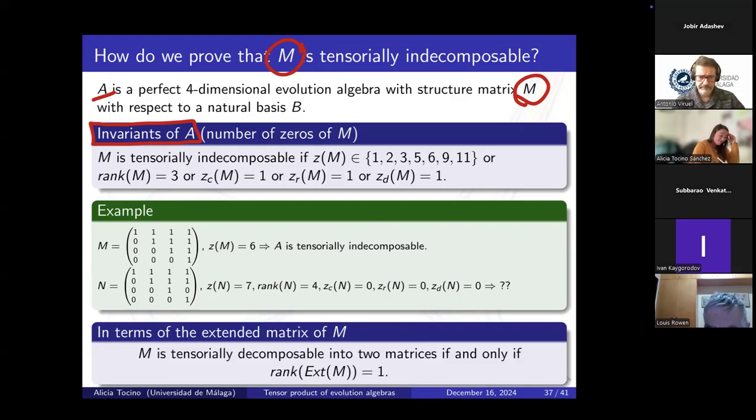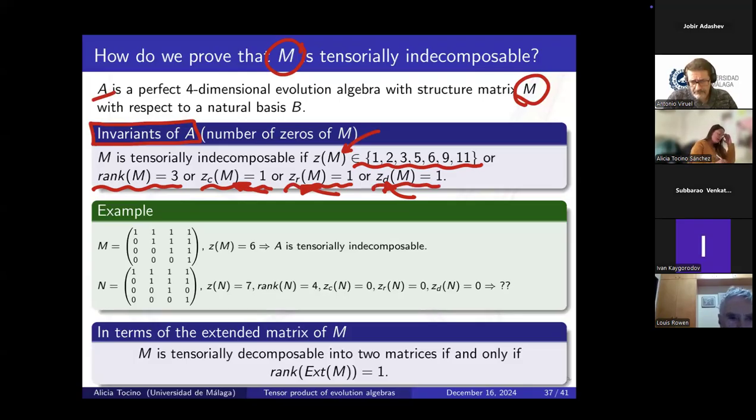And these invariants are the number of zeros in the structure matrix, this means the number of columns filled with zeros, the number of rows filled with zeros, and the number of zeros in the diagonal of M. So if the number of zeros of M is one of these, the rank equals 3, it has one column filled with zeros, or one row filled with zeros, or one zero in the diagonal, then M is tensorially undecomposable.